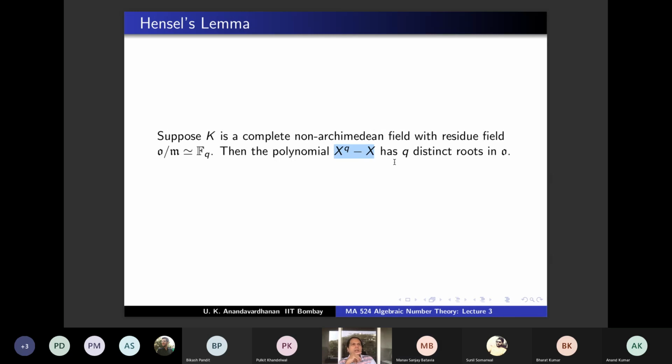Now can you apply the trivial case of Hensel's lemma to that polynomial of degree q minus 1? I think again you can, because that will be again monic, and that has a root in F_q after reduction bar, and that also is a simple root, because this polynomial itself has all simple roots, so that also can be lifted. Yes, this follows from the trivial case.